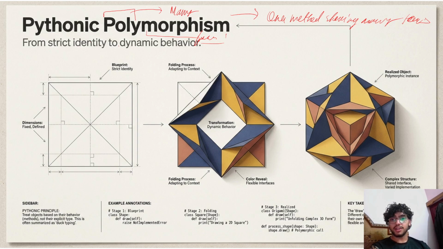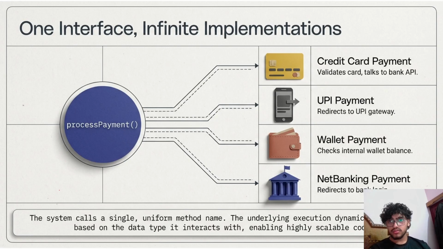So from strict identity to dynamic behavior, suppose here we have a process payment method. Process payment can process payment from a credit card, or either UPI payment or wallet payment, net bank payment.